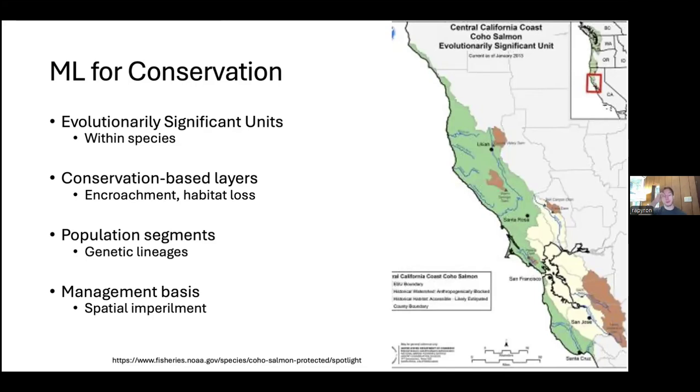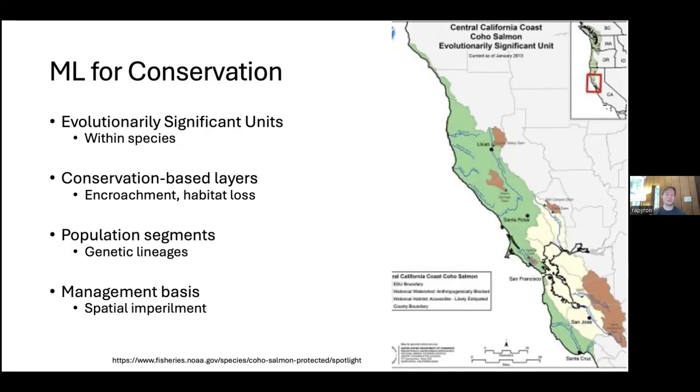This approach is not the machine learning approach, but the idea of ESUs is used widely, especially with things like fisheries. So this is the northwestern US, the range of basically the coho salmon, and they're typically broken up by things like river drainages. The wildlife officers out there tend to evaluate fisheries by river drainage.